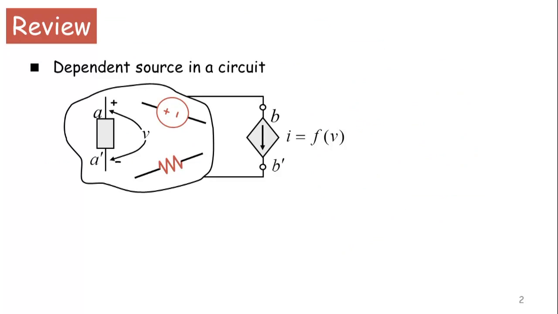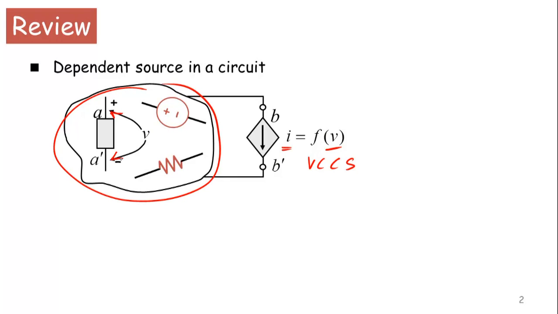So continuing with our review, in the last sequence, we looked at dependent sources. And the way dependent sources work is that, as shown in this example, which has a dependent current source, this is a voltage-controlled current source, VCCS. The current of the dependent current source is dependent on some voltage V that is captured as part of some other portion of the circuit.